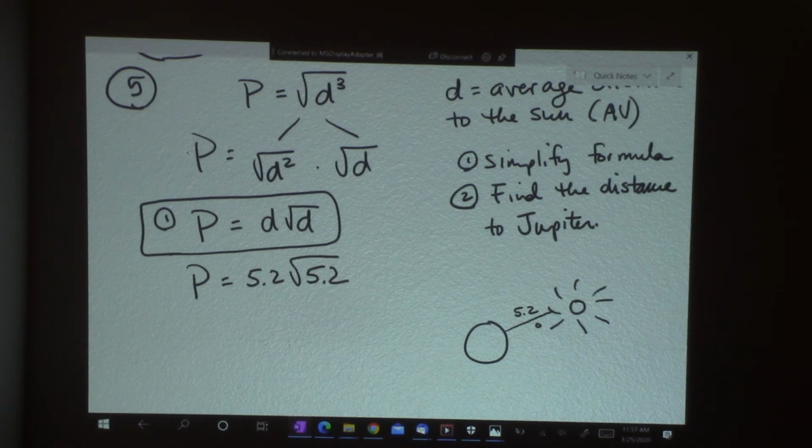Okay, so if I was to work that out with a calculator, I would put 5.2 times the square root of 5.2, and that works out to be 11.9. Now this is years, apparently. That's what it says, years.